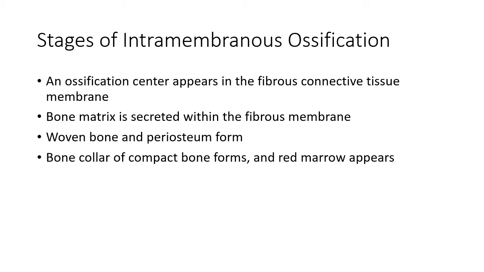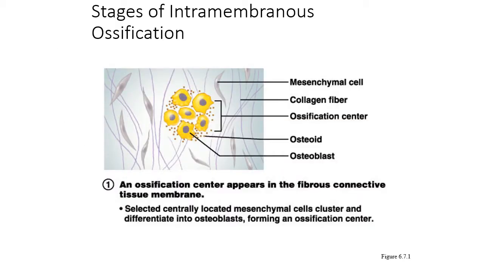And we get what's called a bone collar that begins to develop. And so this is where compact bone is starting to coalesce and concentrate within the bones themselves. And this is starting to take on the normal appearance of bone. That compact bone is going to then be remodeled and start to be changed into trabeculae, and we're going to start to have red bone marrow forming on the inside as well.